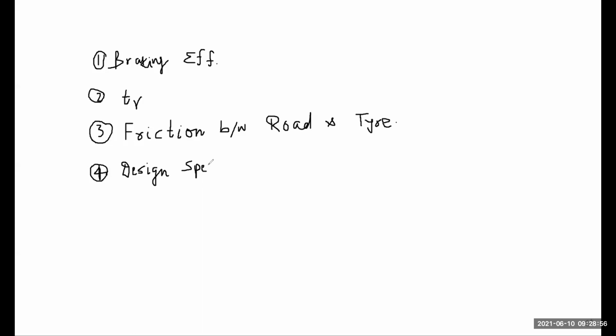Last one, or next one, is your gradient of the road.